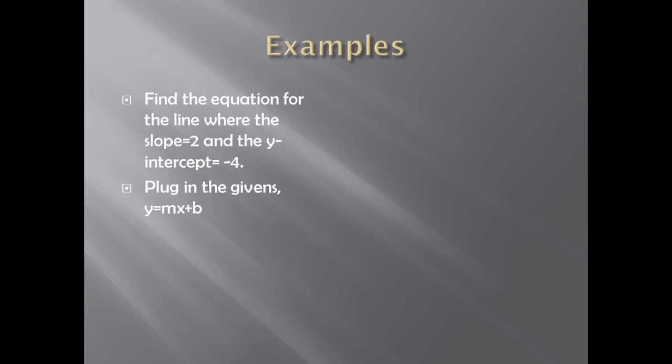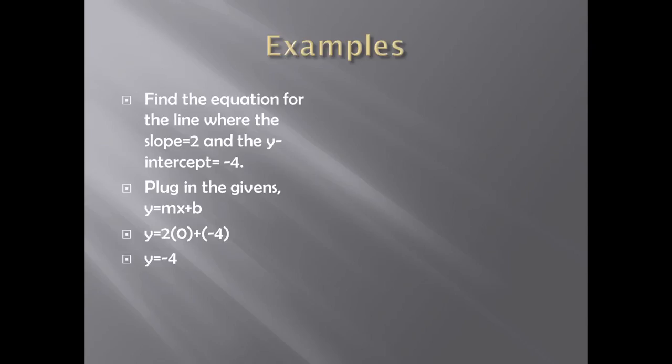Now, given the y-intercept definition, we know that the y-intercept is the y value or the output where x equals 0. So given the y-intercept, we already know that x is also equal to 0. And you come out with something like this. So when y equals 2 times 0 plus negative 4, you have 2 times 0, which is equal to 0, plus negative 4. So you should get y is equal to negative 4.